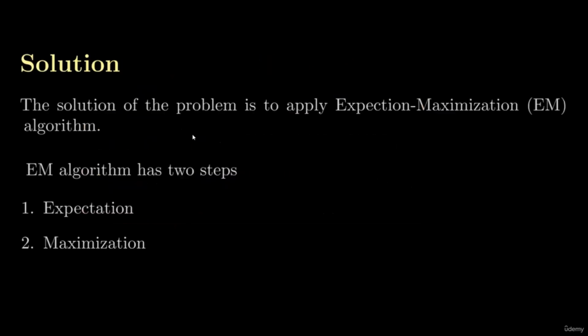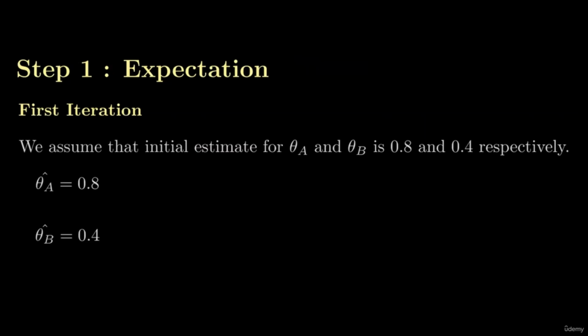The solution is to apply the EM algorithm, and we know that the EM algorithm has 2 steps, the expectation step and the maximization step. We will start with the expectation step, and this is our first iteration. We don't know the values of theta A and theta B, but to start with, we assume an initial estimate of these values.